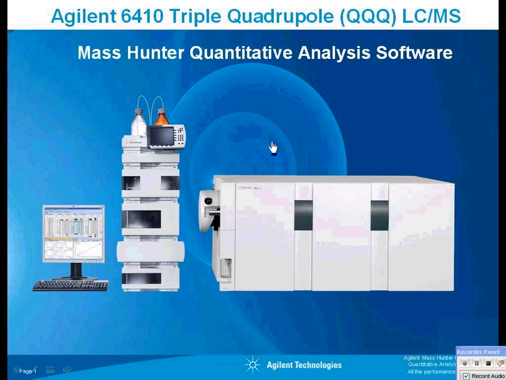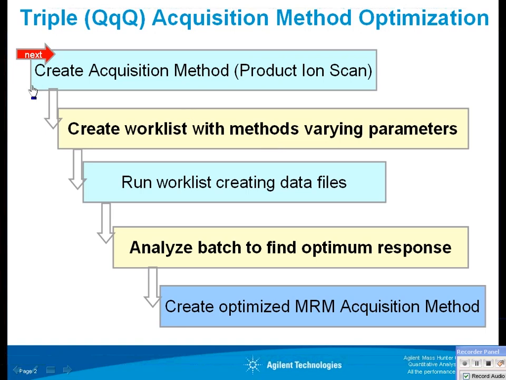In the case that I'm going to talk about here, I'm going to back up from that problem and assume that you just know your precursor ion for the compounds that you're interested in, and you really need to discover the product ions and then optimize the conditions for those product ions, ending up, of course, with the MRM transitions. So let me go through an overview of the steps in the process.